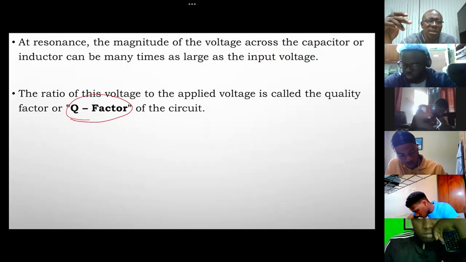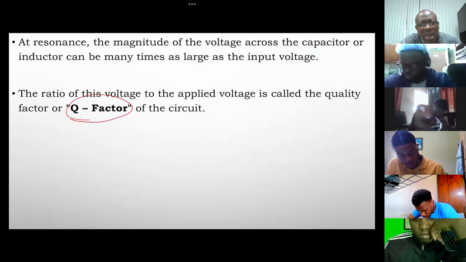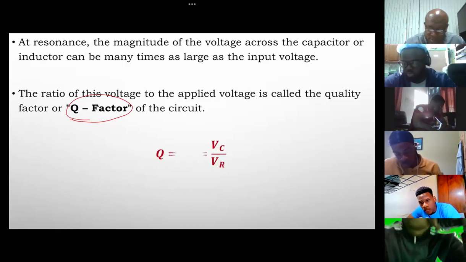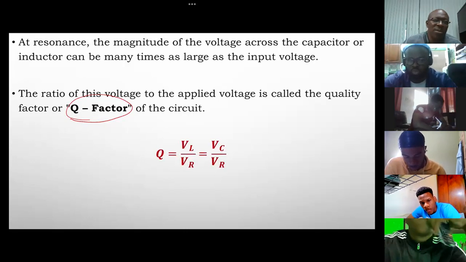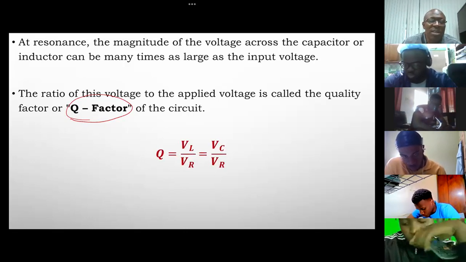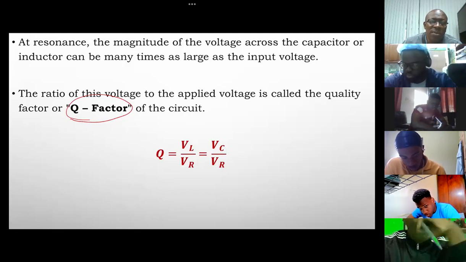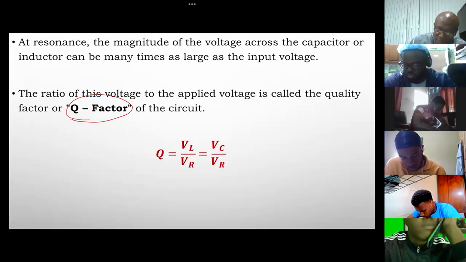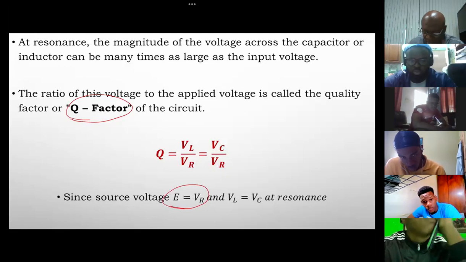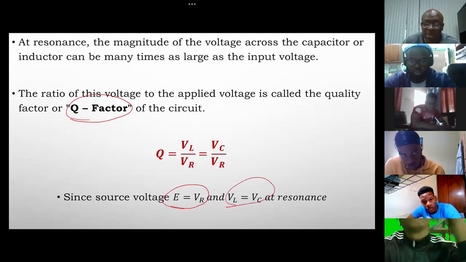And the supply voltage would obviously be seen across R. All right, so Q is equal to VL over VR or VC over VR, where, of course, E is equal to VR, and we know that VL is equal to VC.